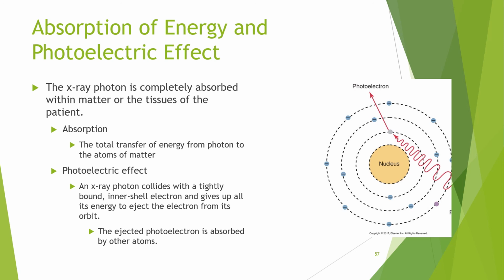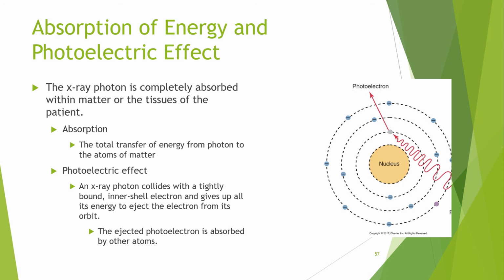So maybe the photon collides with those electrons, but the binding energy of the shell is higher than the amount of energy that the photon has. In that case, it would be absorbed, but it would not affect the atom.